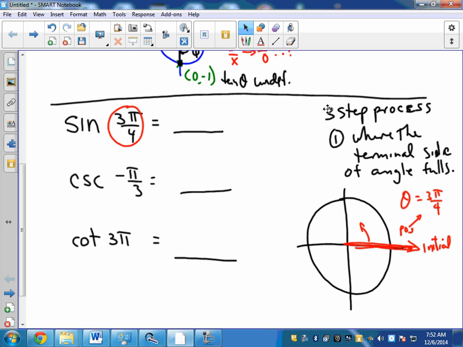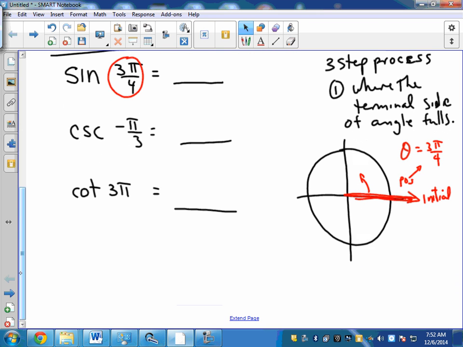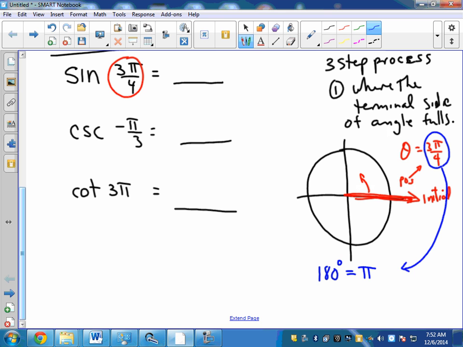Okay, so some basic ideas on angles come into play. We know that 180 degrees, 1/2 of a rotation, is pi radians, and we've got 3/4 of a pi here, so that's 3/4 of 180, or 135 degrees. Now, frankly, I don't think that's the best way to do this, but rather to think that pi would run all the way to there, but we're only going 3/4 of the way.